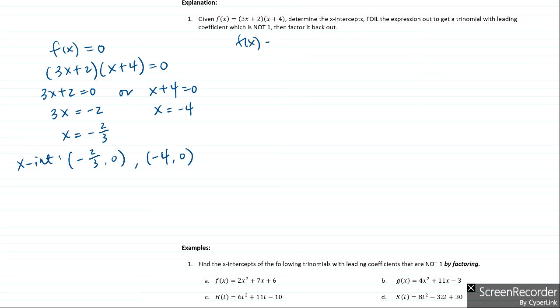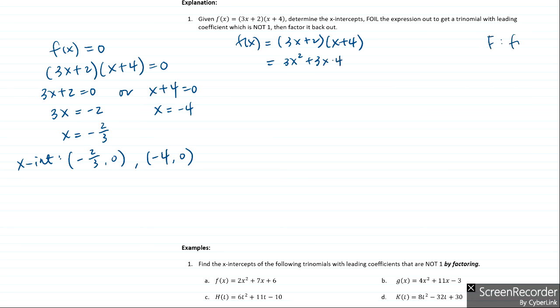Really quick, if we have f of x equal to this, going through the FOIL process, we would have 3x times x first, which would be 3x squared. These are the first terms. Outside will be 3x times 4, which is exactly 12x.